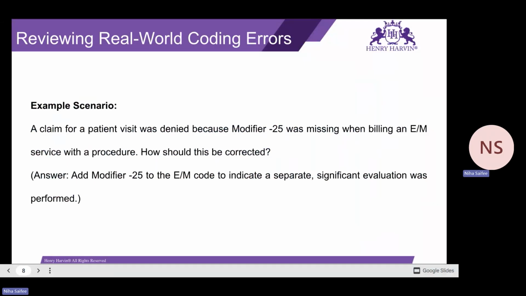You need to go back and cross-verify with the medical document and the code that was selected, and whether it was necessary that the modifier be selected. You gather all the information and then you resubmit. Add modifier 25 to the E/M code to indicate a separate significant evaluation was performed, and likewise you correct all the mistakes that had happened and resubmit the claim.